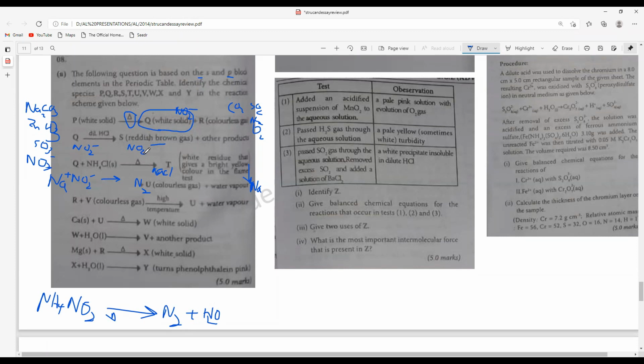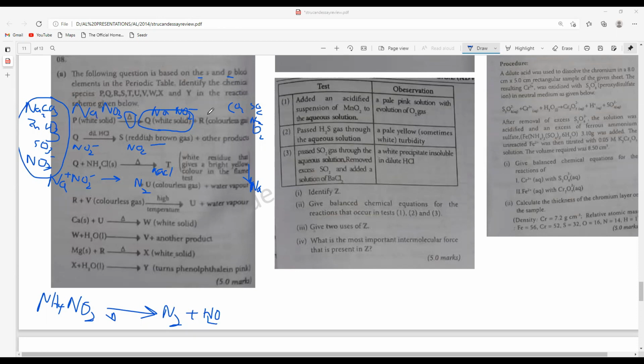So the white solid Q should be NaNO2. Think about the way we predict.